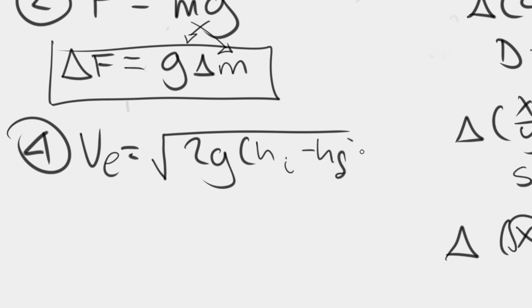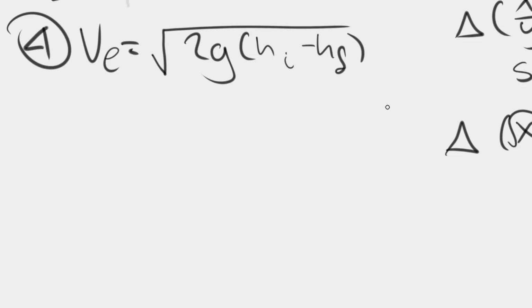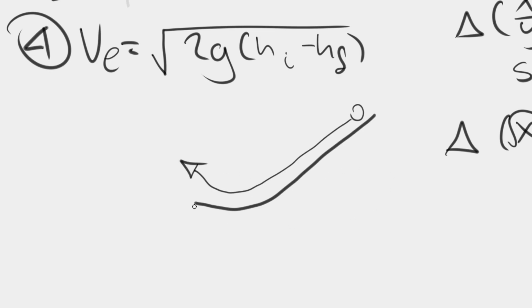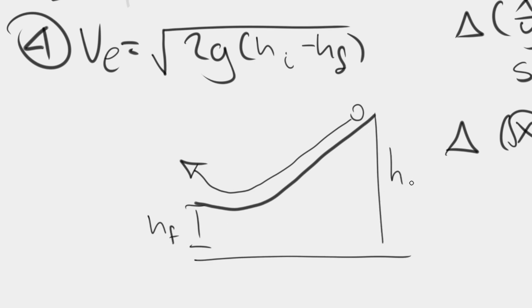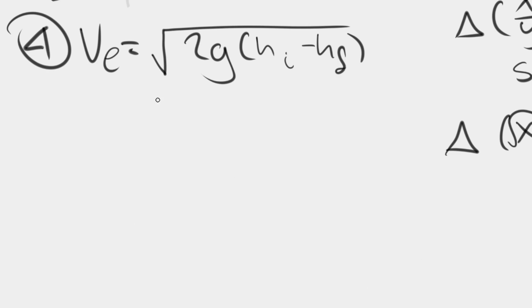I'm not sure, but basically this is related to an experiment where we have a little ramp, and there's a ball going down it and it leaves over here, and let's say this ramp is elevated. This would be hf, and this would be h initial, I believe. It doesn't matter, but that's basically where it comes from.